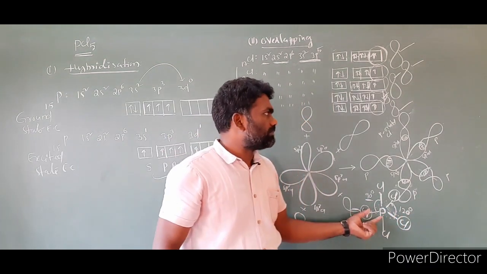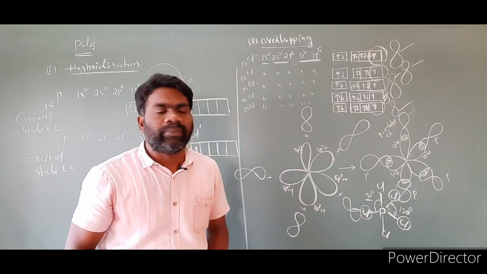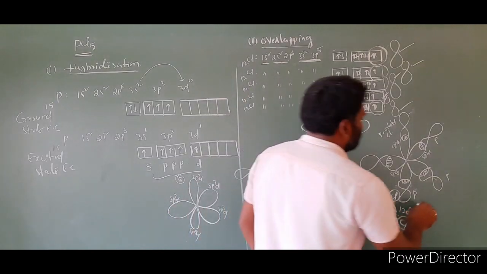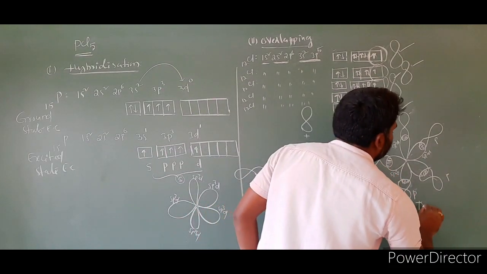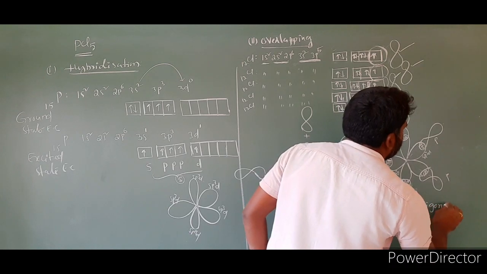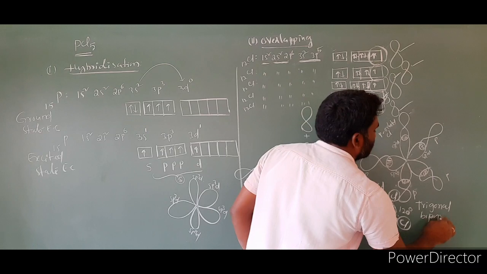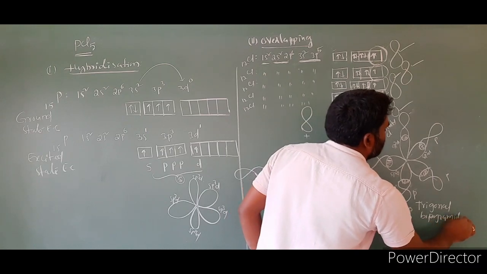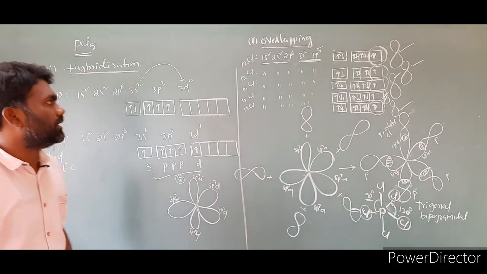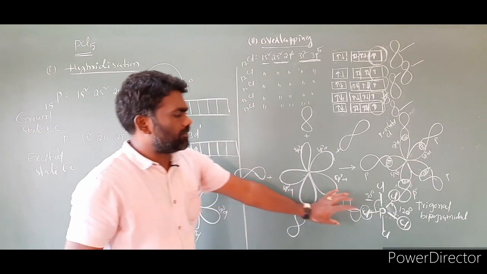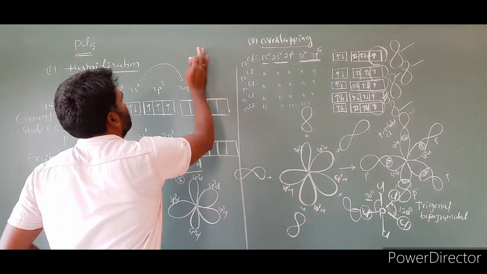So the molecule with sp3d hybridization, the shape of the molecule is trigonal bipyramidal. This is the shape of the molecule. So you must be aware of the structure of PCl5. I am rewriting here. If you are confused, look, I am rewriting here.